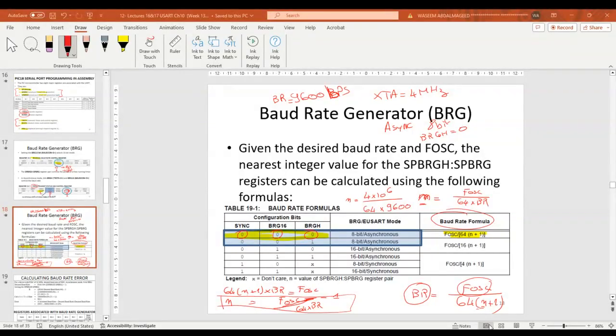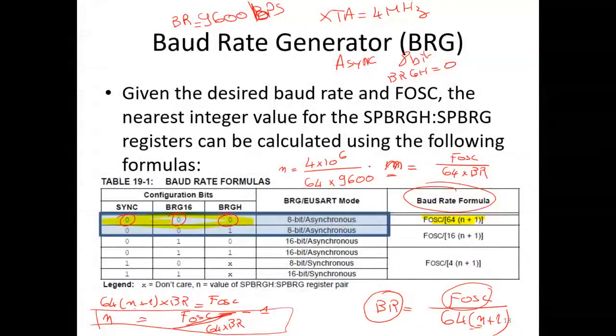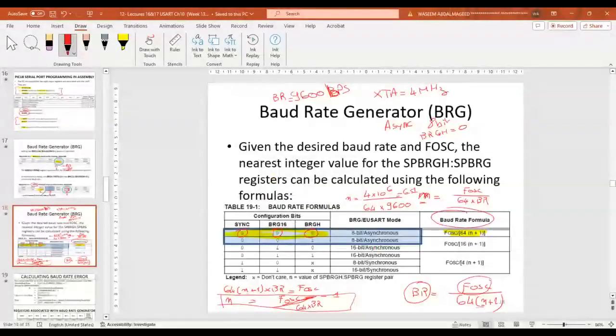So here the value of n in this example is 6.51, and you have to subtract 1.